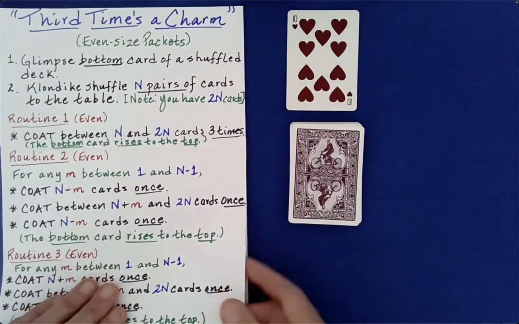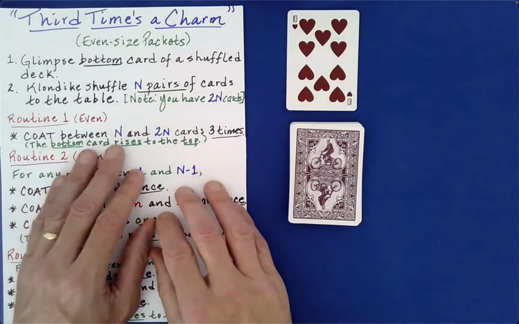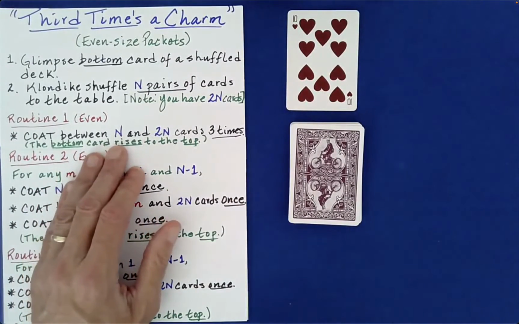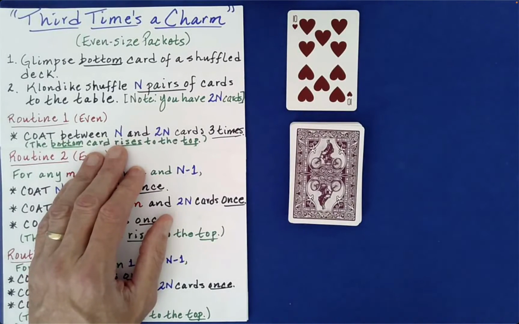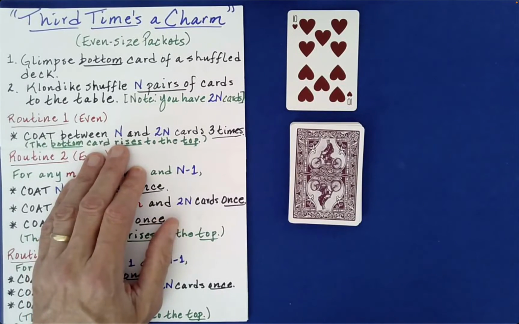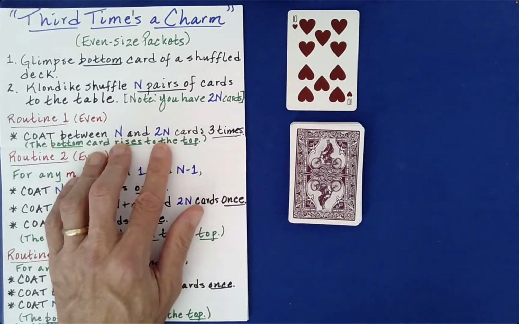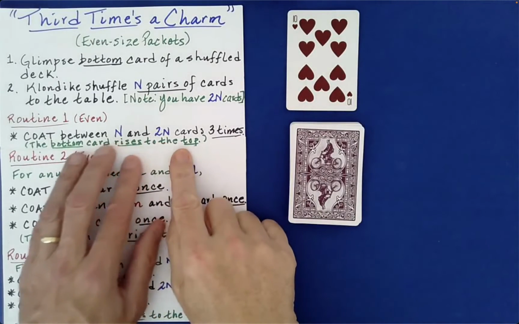In our write-up here, it points out that you would not have to use 12. Any number larger than 12 would also work up to the total packet size, which is 24. And if you count out and transfer that number of cards 3 times, it accomplishes the same thing.